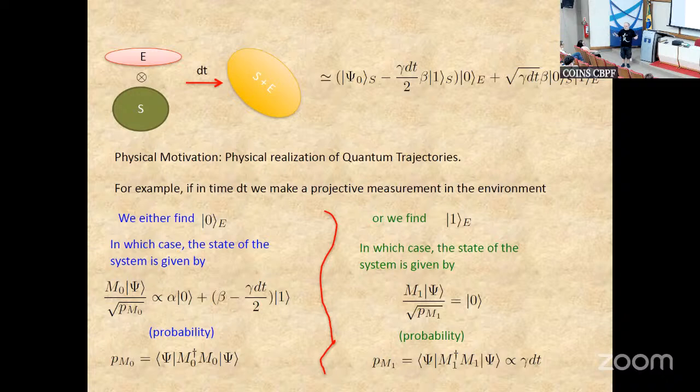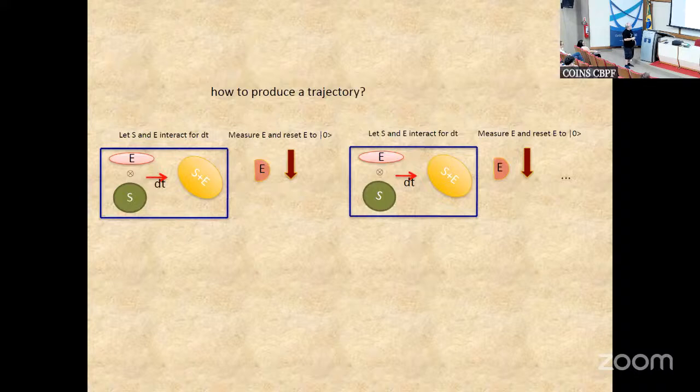That's another way of understanding why the no jump affects the state of the system anyway. So again, how to produce a trajectory: I have my system, I have the environment, I make a measurement in the environment, then I reset my environment and I do it again and again and again.